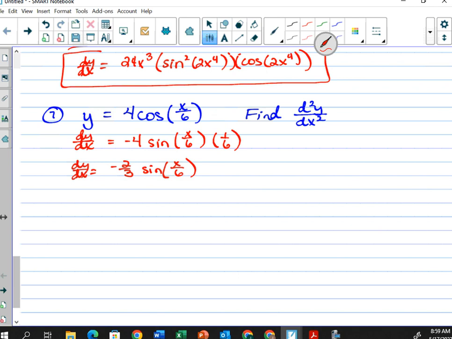Yeah, and then for the second derivative, we just keep going. Not negative.